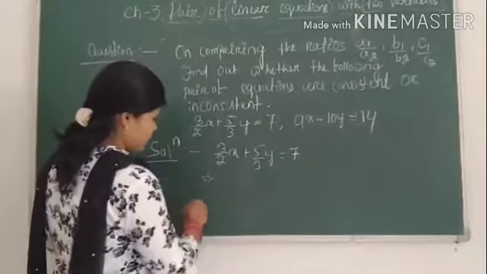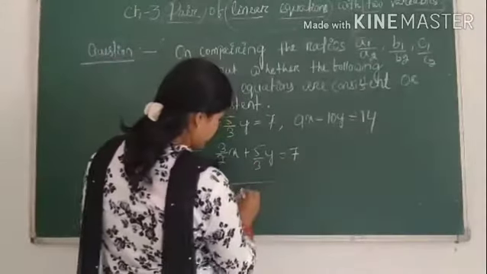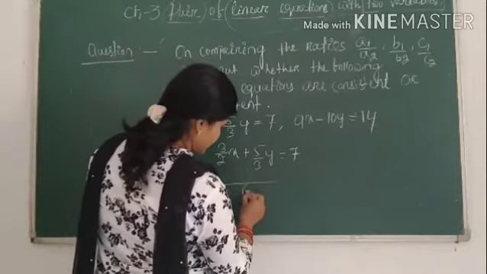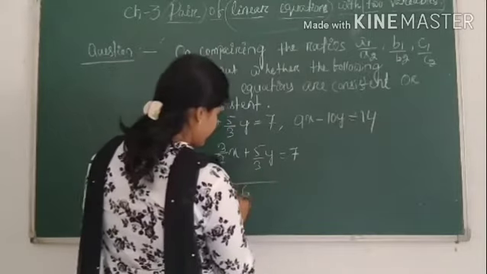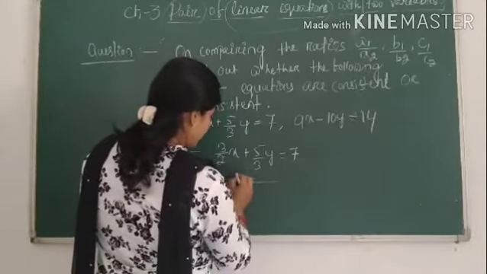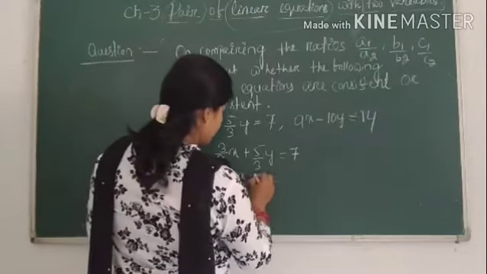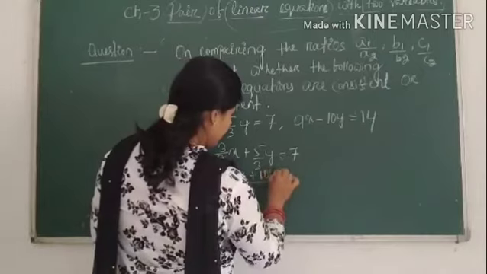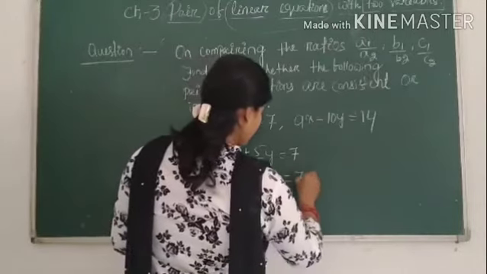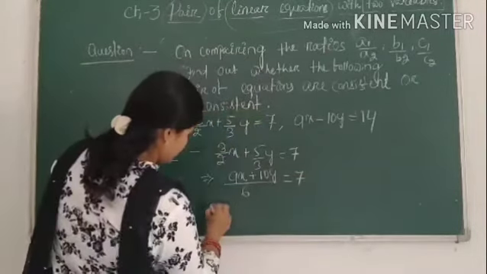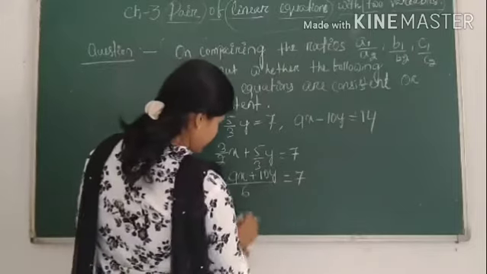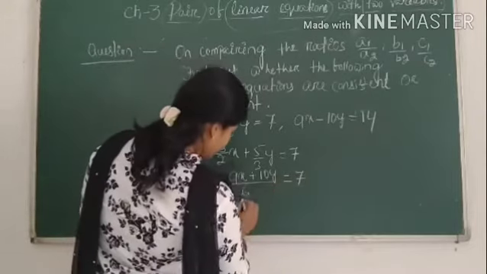So what I have to do? I have to take the LCM. So LCM of 2 and 3 is your 6. So here it will be 9x plus 10y is equal to 7. Then 6 will multiply here.